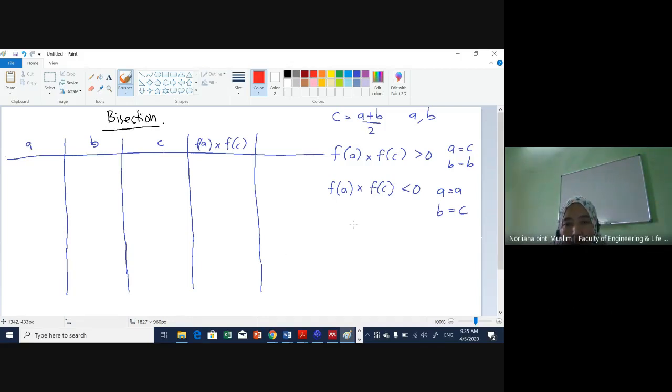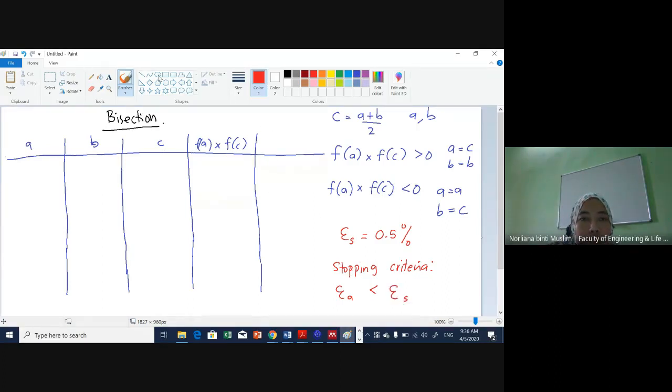In this function, the estimated error is given as 0.5%. Stopping criteria means when to stop the calculations in the table: when our absolute error is less than the estimated error.